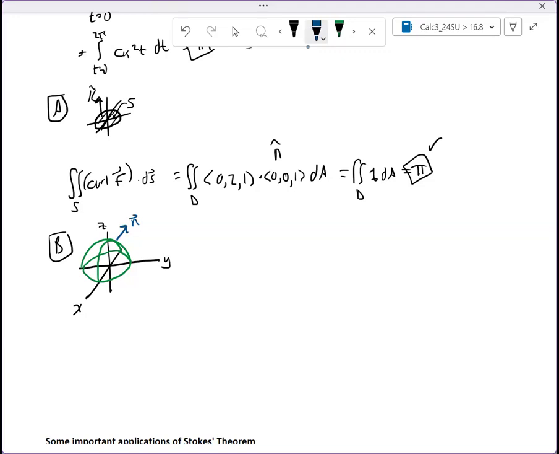I want my normals pointing upwards. And I want my boundary curve, I suppose, pointing that way. So let's try to figure out this surface integral over this surface.